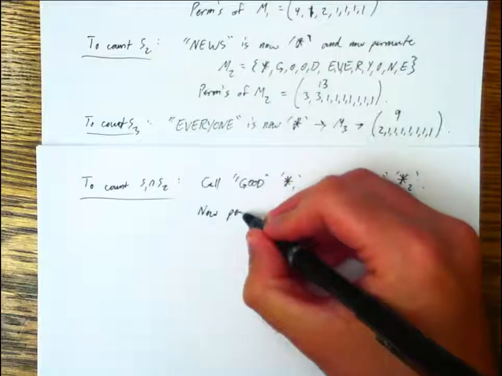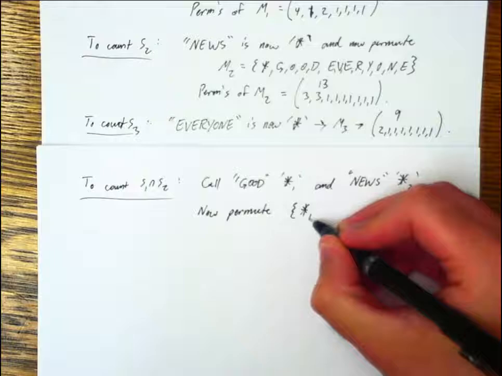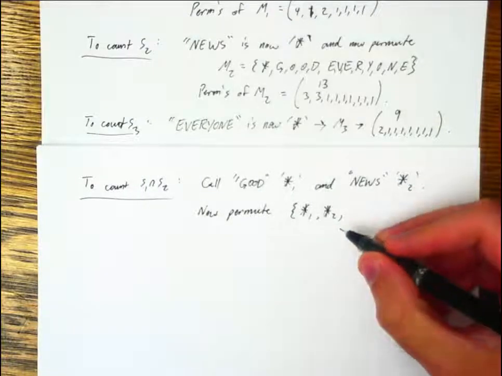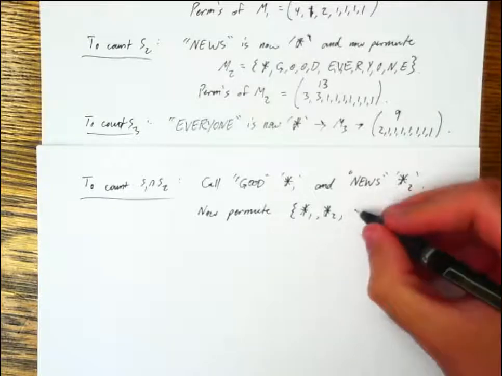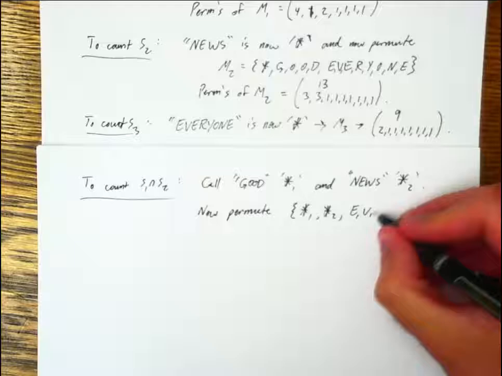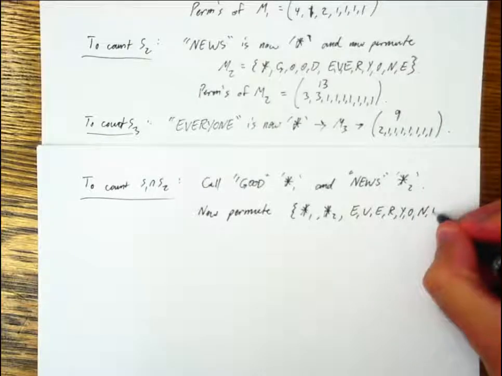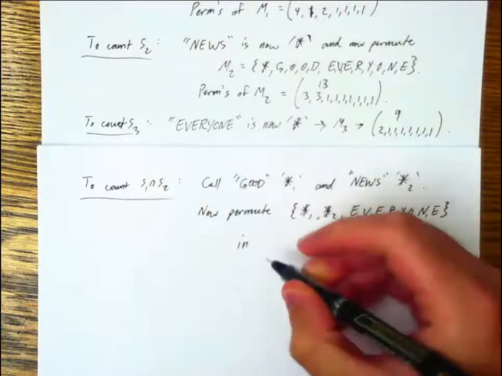Now we permute what's left over. Permute this multiset, star 1, star 2. Those are different letters, that's why I have to distinguish them. Right, they're different combinations of good and news. And then all that's left is everyone. Okay, so now we can permute these.